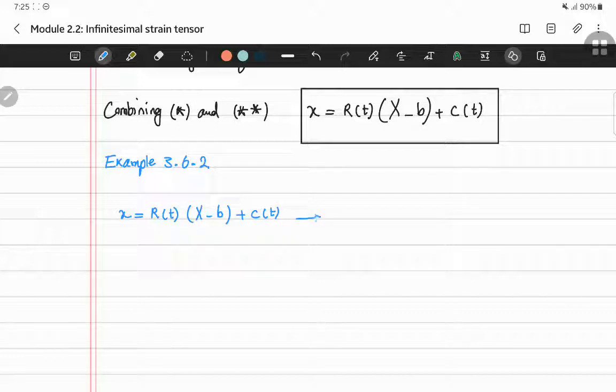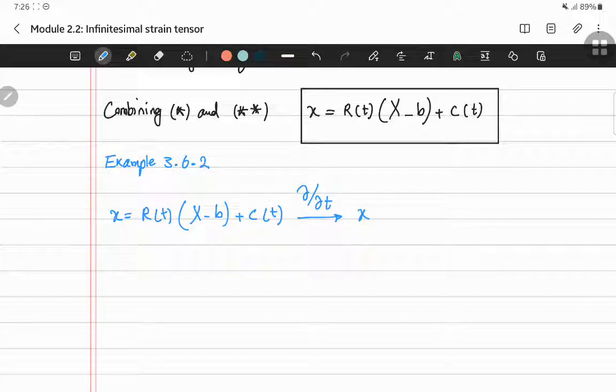And if you remember, the velocity is the derivative of x. So we have to take the derivative with respect to time.